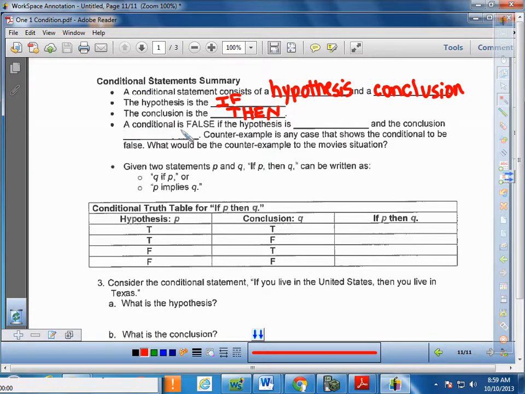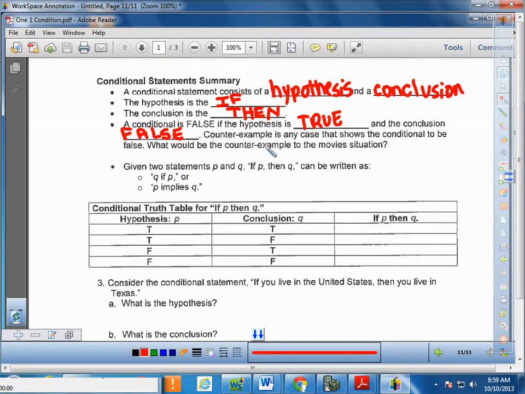A conditional statement is false if the hypothesis is blank and the conclusion is blank. So a conditional statement is false if the hypothesis is true and the conclusion is false. A counterexample is any case that shows the conditional to be false.